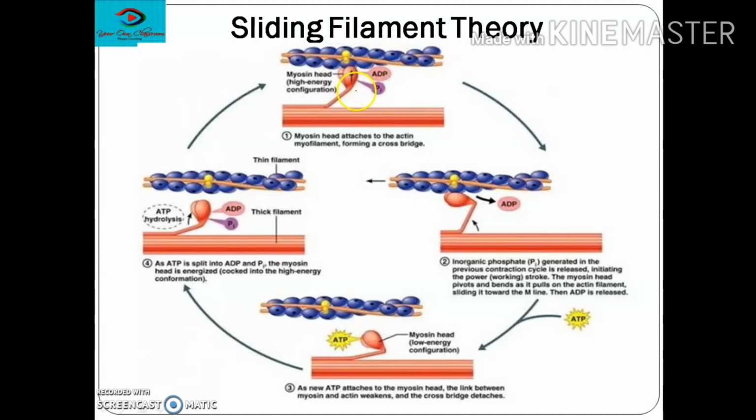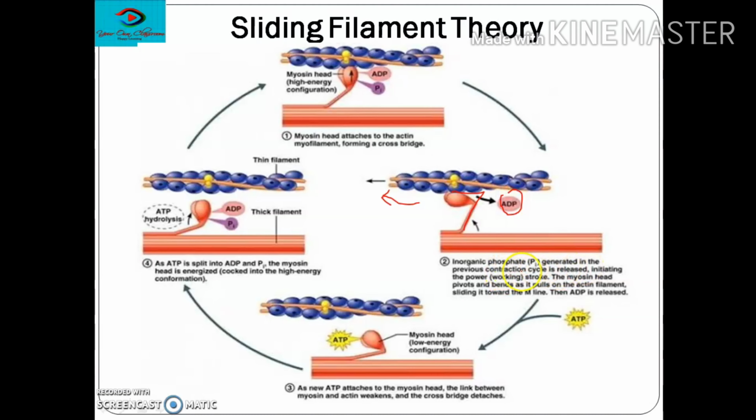So when the myosin head attaches to the actin, and this ATP is broken down into ADP and Pi, the myosin head forms a pivot-like structure and pushes the actin towards the middle line. If you remember the structure of the sarcomere, this myosin head pushes the actin towards the M line, and the energy for this pushing or sliding is provided when Pi moves away from here.